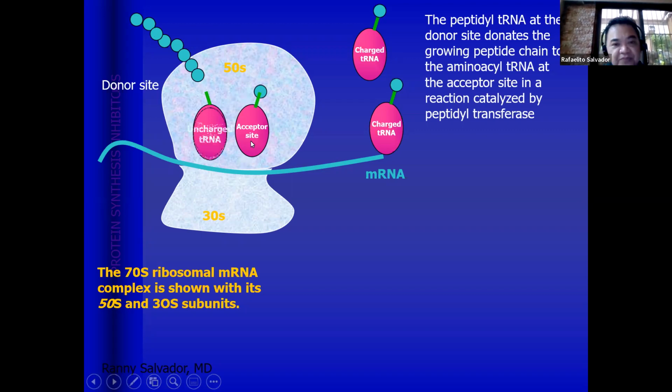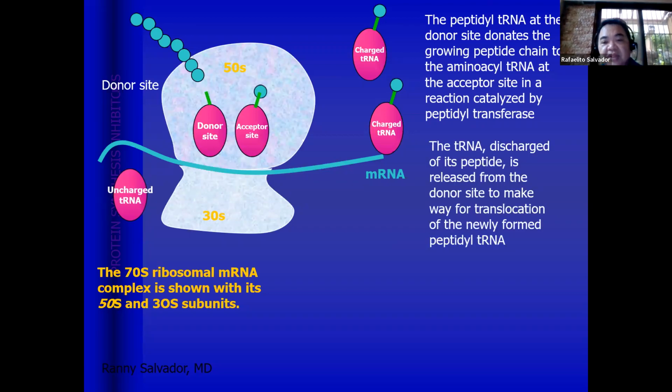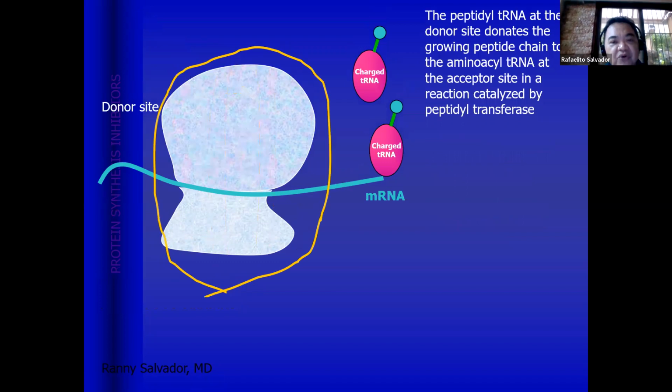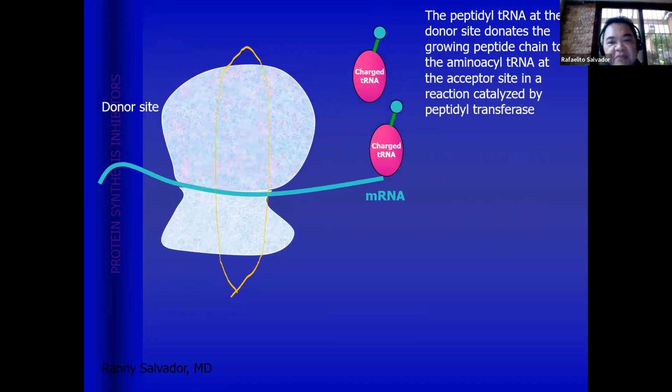After donating the amino acid, it becomes an uncharged tRNA, so eventually it goes out. The discharged tRNA is released from the donor site to make way for translocation of a newly formed peptidyl tRNA. So the acceptor site is then free to be occupied by the next charged aminoacyl tRNA, and so forth. So it multiplies into a peptide.